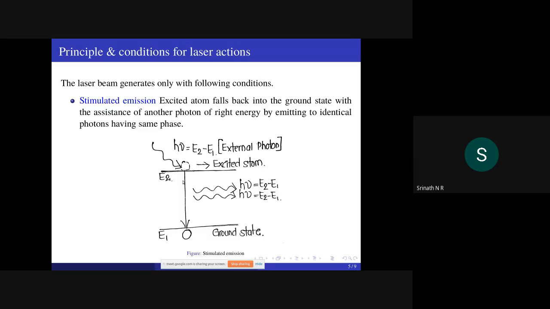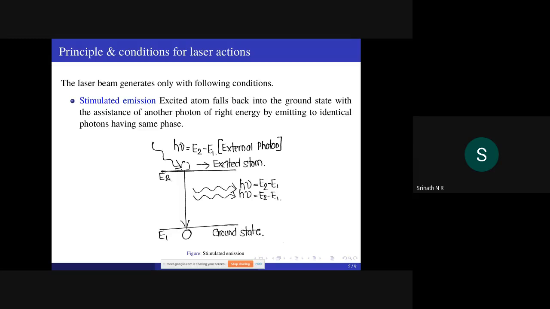As we know, under normal thermal equilibrium conditions, there will be a smaller number of atoms in the excited level, whereas a larger number of atoms are in the ground level or lower energy level, since the atoms may not get enough energy to go to a higher energy level under normal conditions. But for getting more stimulated emissions, we need more atoms to be in the excited state.